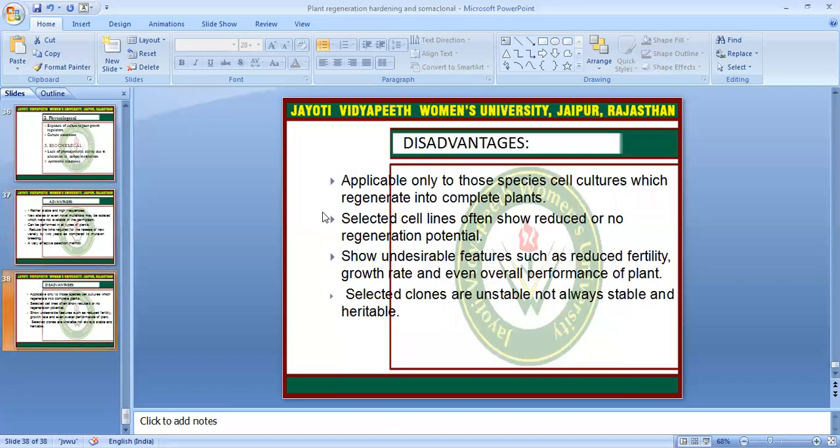If we talk about the disadvantages, it applies only to those species whose cell cultures regenerate into complete plants, and selected cell lines often show reduced or no regeneration potential. They show undesirable features such as reduced fertility, growth rate, and even overall performance of the plant. Selected clones are unstable, not always stable and heritable.